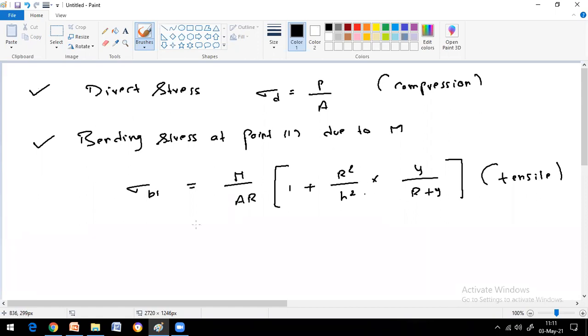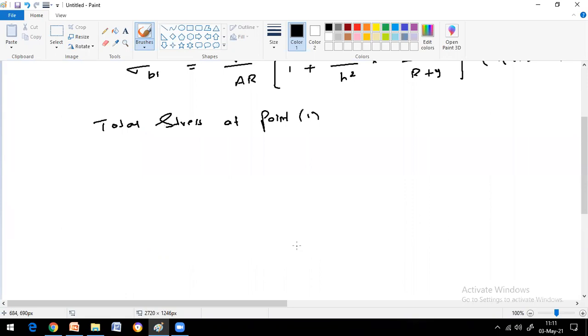Now total these two, total stress at point 1. What is the total stress at point 1? Please add these two. Sigma 1 is equal to sigma d plus sigma b1. What is sigma 1?